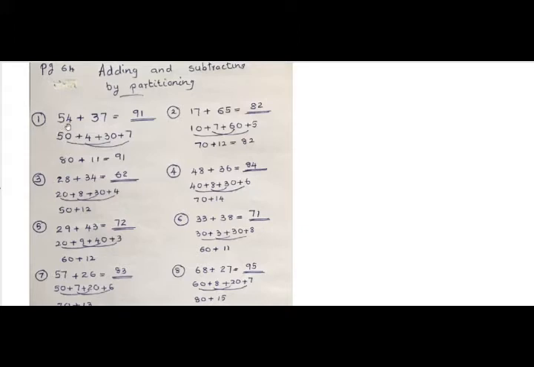Before that, we'll partition the numbers. 54, when we partition, 50, 5 tens plus 4 units. 50 plus 4. 37 will partition. How many tens? 3 tens. 3 tens means 30. How many units? 7 units.